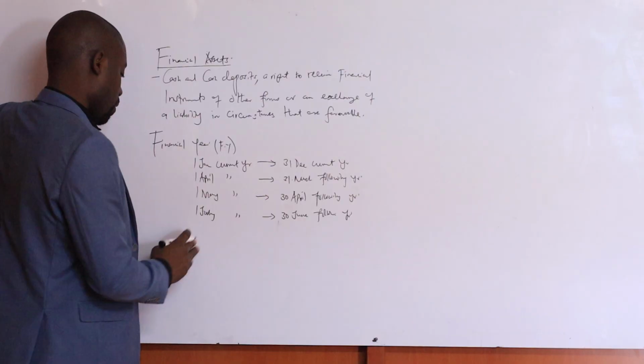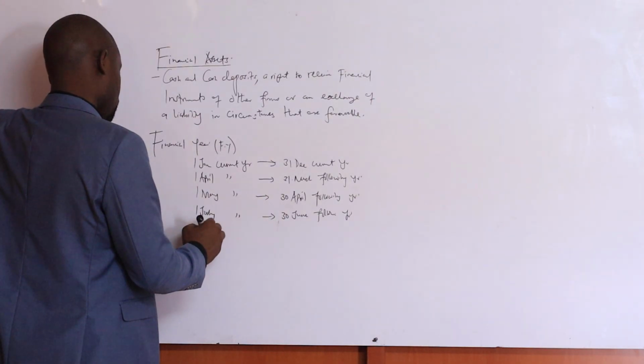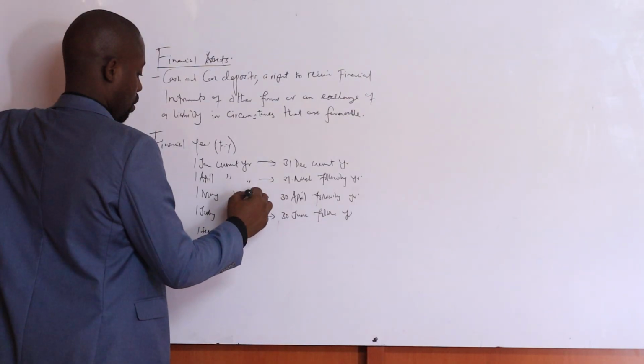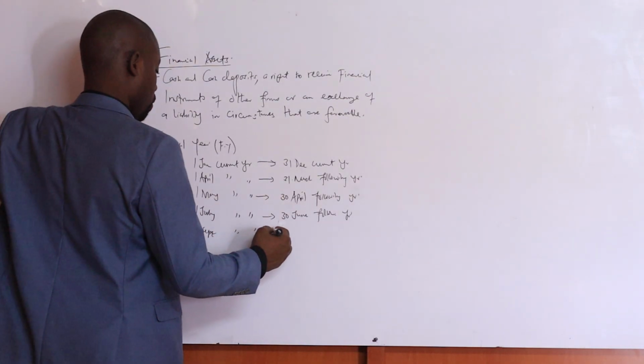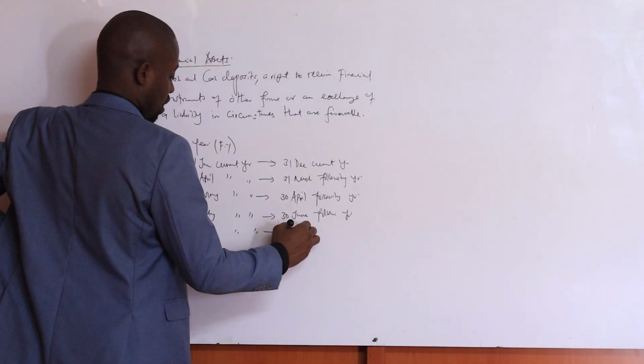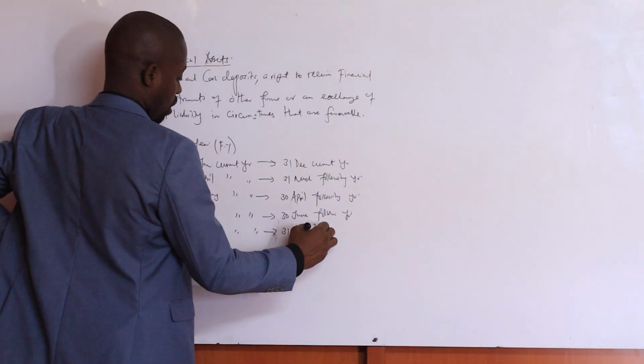Another one that is commonly used also is 1st September current year to 31st August following year.